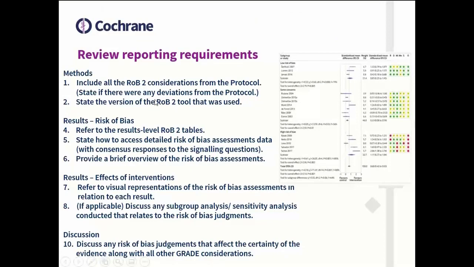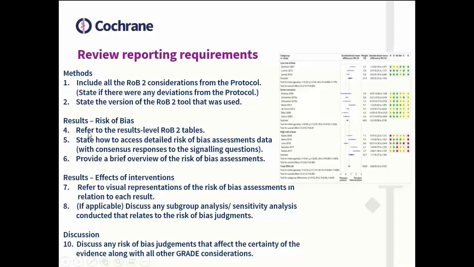We've also developed some reporting requirements for the full review based on the reviews that we've seen so far. So for the methods, it's important to include all of the information from the protocol, as I've just run through, and state if there were any deviations from the protocol. To state the version of the tool that was used, just in case it's updated in the future.